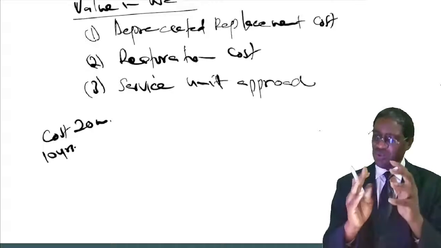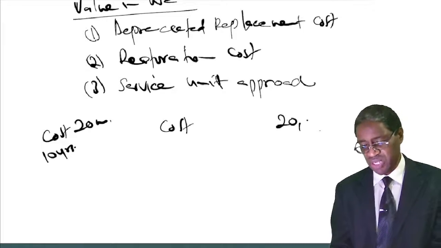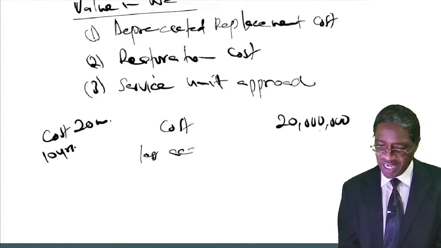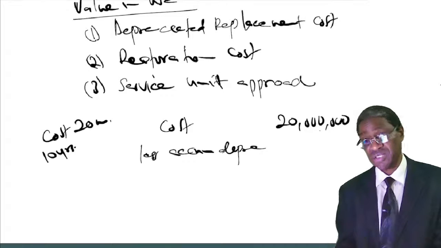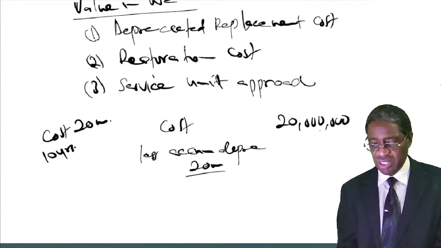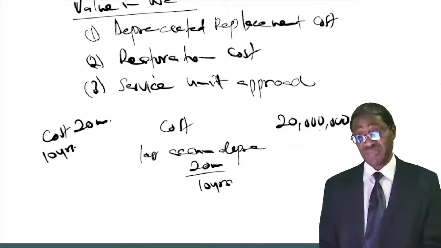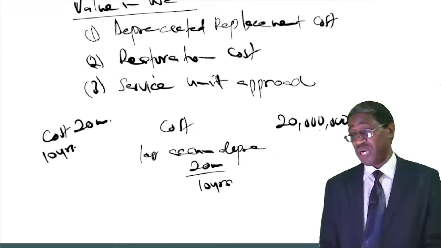So first, what is the carrying amount? Of course, you will take the cost, which is 20 million, less the accumulated depreciation, just like a normal asset. The cost being 20 million, we divide that by the useful life of 10 years. That's 2 million per annum.